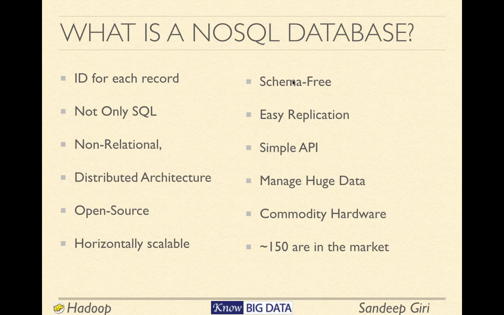And the only problem is that when these kinds of systems come into place, they mostly cannot handle the relational structure. Okay. So there are more than 150 in the market as of today, right?